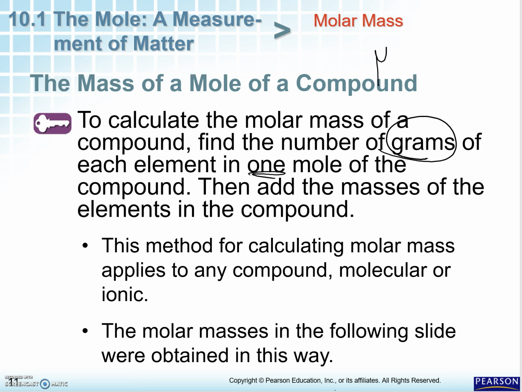So the unit of your molar mass is going to be grams per mole every single time, but the quantity that you're going to be finding is going to be different for each compound. So it is very important as we carry on to be able to do this. That chart that we made on the last slide is important. Make sure you know how to set that guy up.